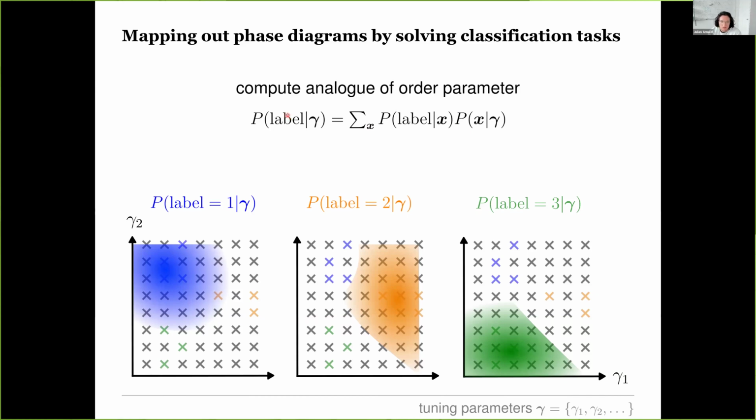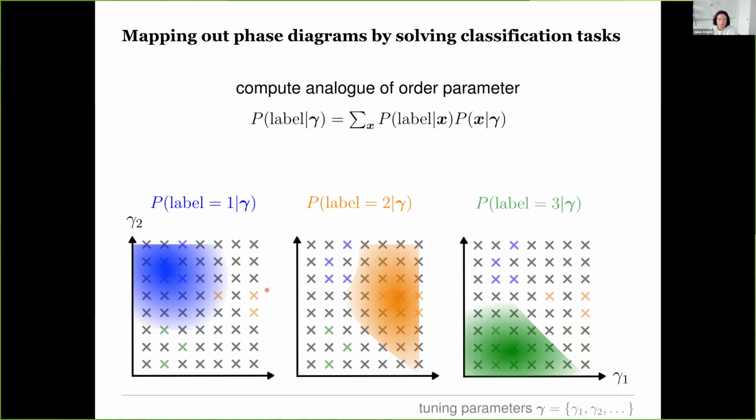These are analogs of order parameters, in the sense that if we consider our example from before, where we had 3 different phases, we can consider the 3 different quantities P of label 1 given gamma, P of label 2 given gamma, and P of label 3 given gamma. And if we draw these quantities as a function of gamma 1 and gamma 2, we arrive at these 2-dimensional maps.